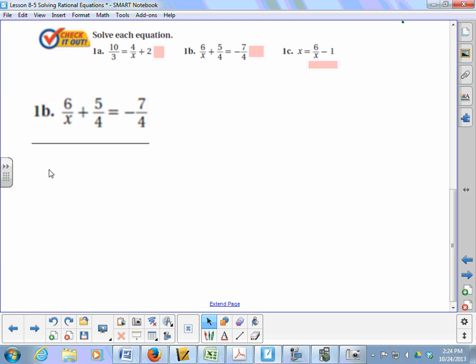Okay, we want to find the common denominator. So I look at my denominators. Are they completely different? If they are, then I'm going to multiply them together. In this case, my common denominator would be 4x. So I can multiply everything by 4x.